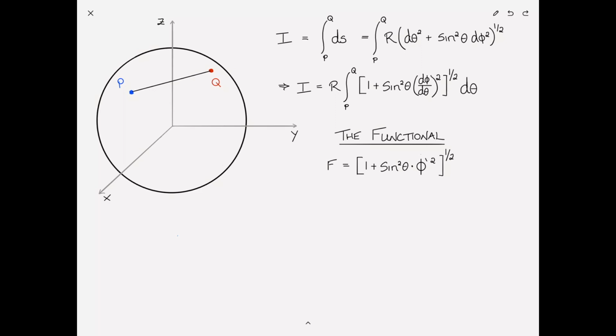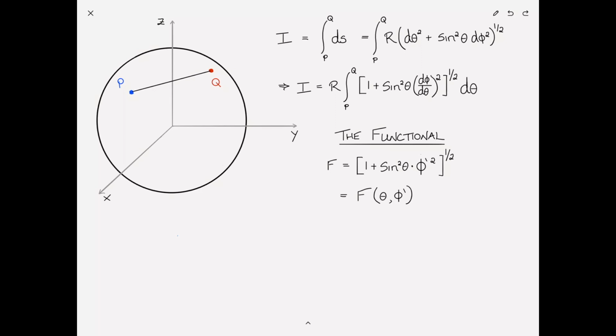Remember previously we had x and we had y was a function of x. X was the independent variable and y was the dependent variable, y and its derivatives. Well, now we have theta as the independent variable and phi, and in this case we don't have phi but just its derivative. And in general terms, I can rewrite this as f of theta and phi prime.